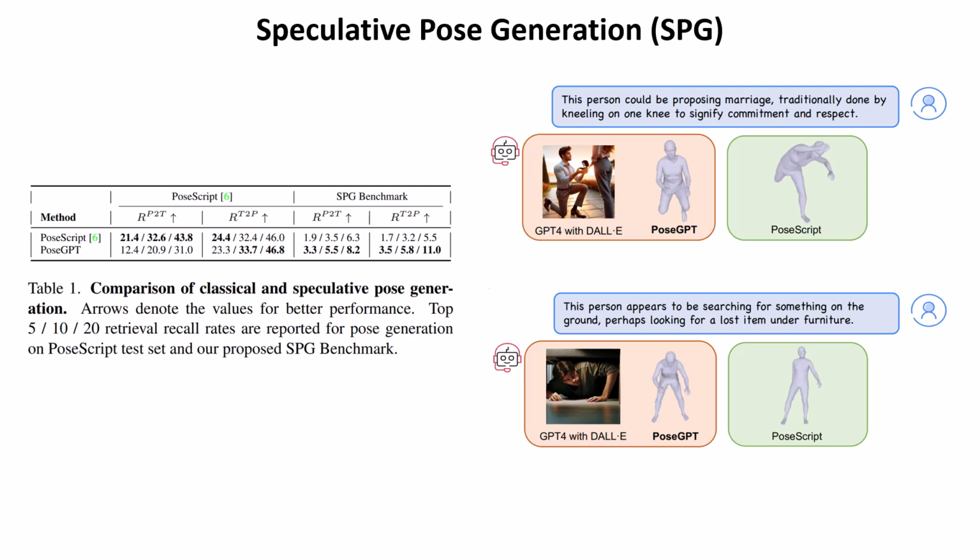The metric used is recall rate. P2T stands for pose to text, and T2P stands for text to pose. We can see that PoseScript can actually outperform PoseGPT on the PoseScript benchmark. But for this SPG benchmark, where we have some implicit requests, PoseGPT outputs something that's more reasonable.